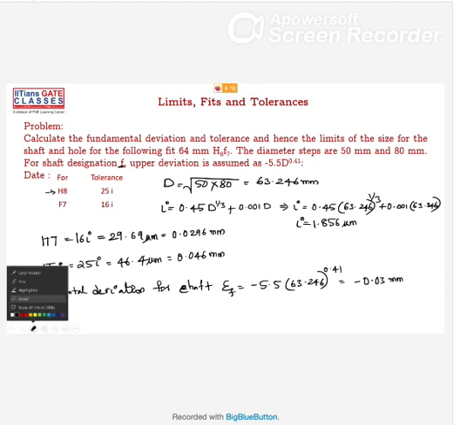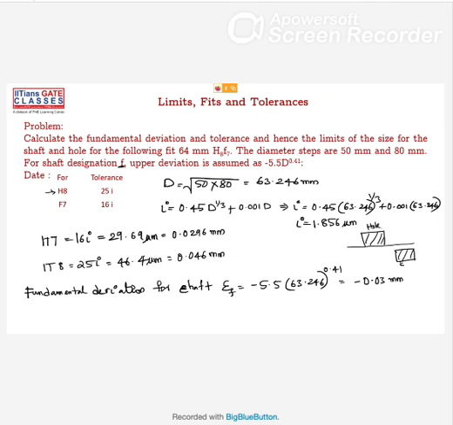This is the hole, this is the shaft, hole and shaft. So he told we got minus 0.03, so this is negative, that is 0.03 for the shaft. From here you can calculate the hole maximum and minimum, shaft maximum and minimum.